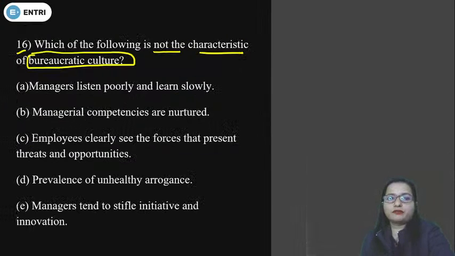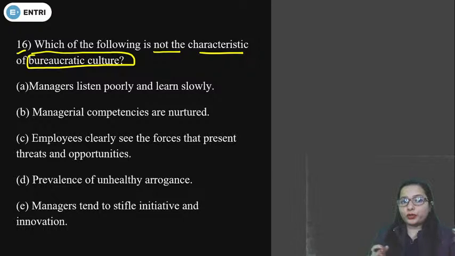Okay, next question, which of the following is not a characteristic of bureaucratic culture? And we have these options. You have to tell the characteristics of bureaucratic culture. Managers listen poorly and learn slowly.